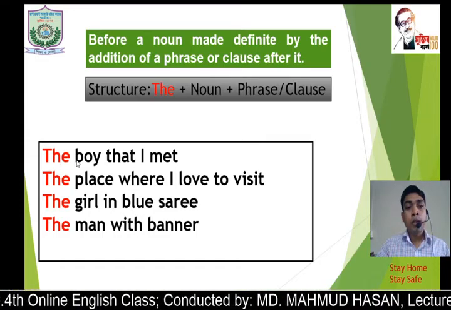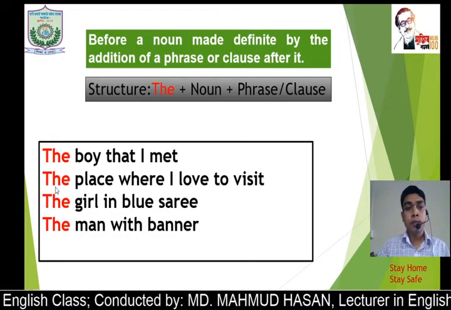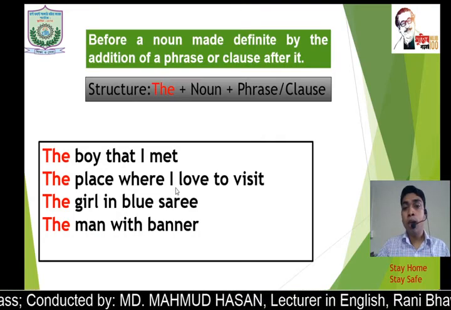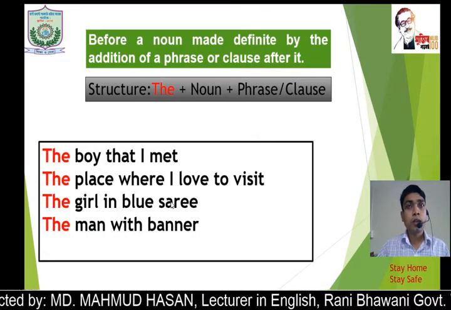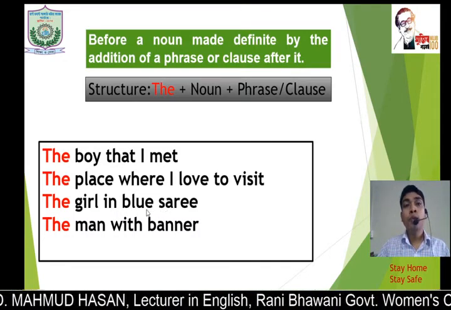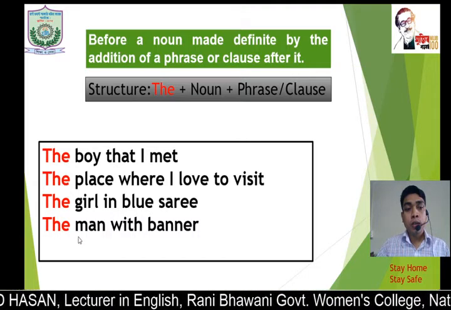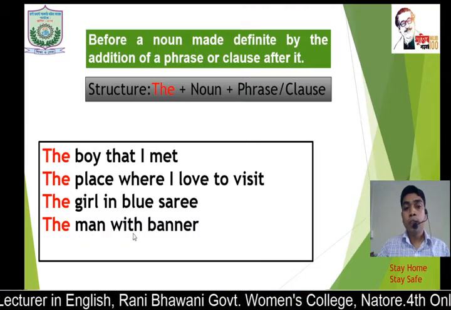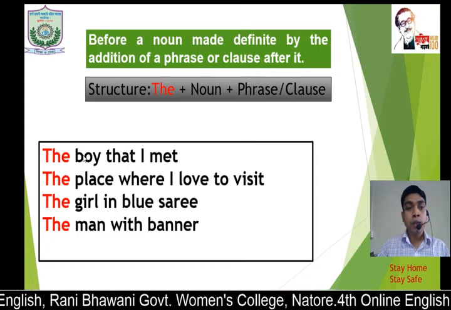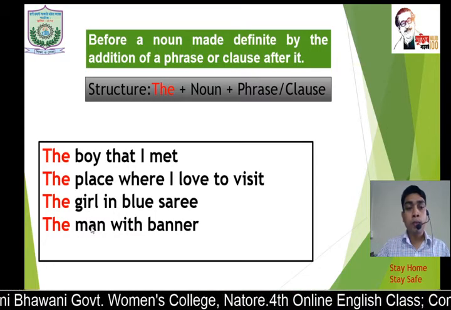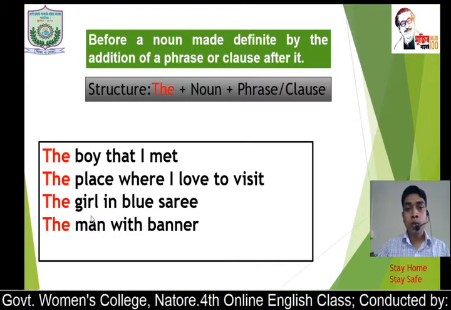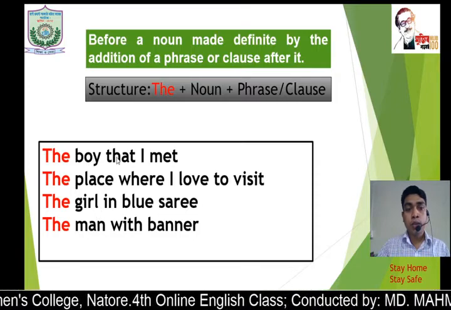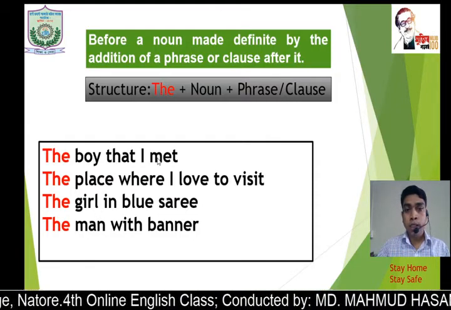The boy that I met, the place where I love to visit, the girl in blue sari, the man with banner. Here boy, place, girl, man, all are nouns, and after these nouns, "that I met" is a clause.